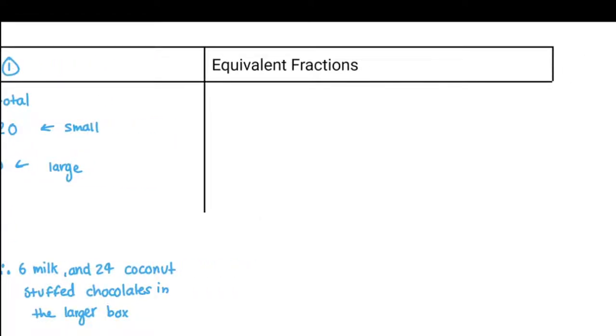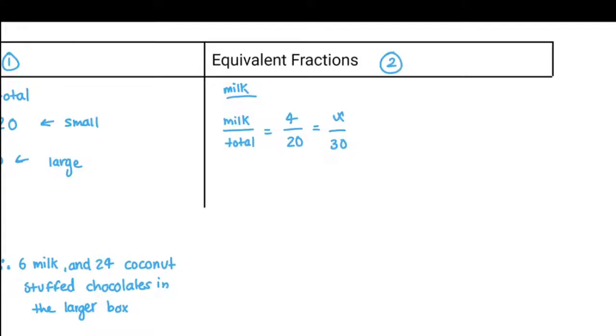So now we can use method 2, our equivalent fractions, and this will be basically the exact same. So let's start off with finding out how many milk chocolates we have in the larger box. So we have our milk over our total. And this is 4 over 20 in our small box. And in our large box, it's x over 30, since we don't know the value for x.